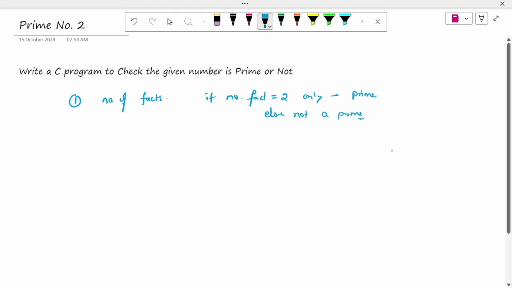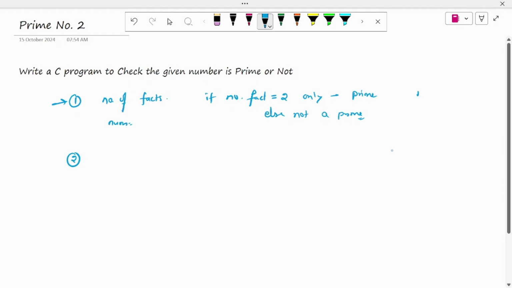Okay, this is the first property that you can use and write a program, which I have already explained in the previous video. Now coming to the second property, this is more efficient. The first one is a bit tedious because you need to divide a number so many times depending upon the value of num, right?